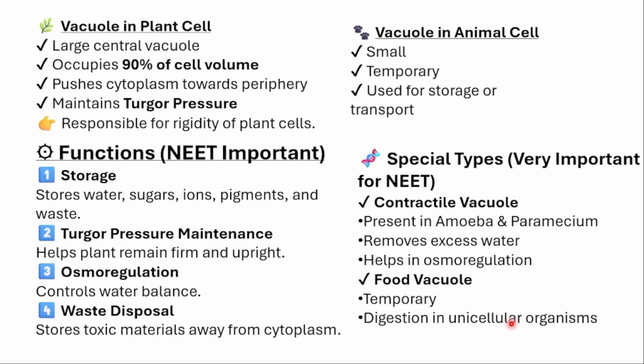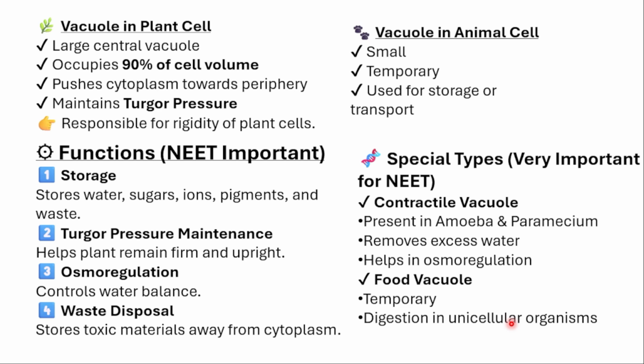Now, this is all about the endomembrane system. We learnt about ER, Golgi, lysosome and vacuole. Four main important endomembrane system components we discussed today. From upcoming classes, I am going to start with the very important organelles, that is mitochondria, nucleus, chloroplast, other cell organelles.